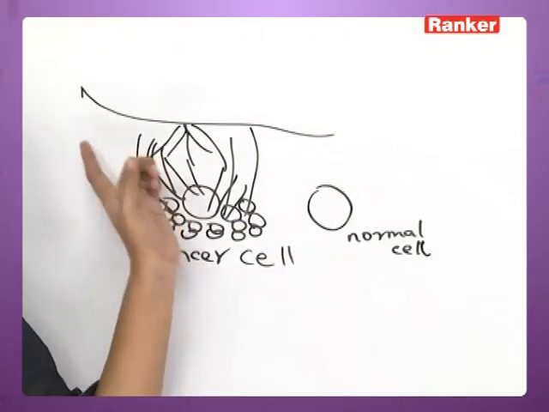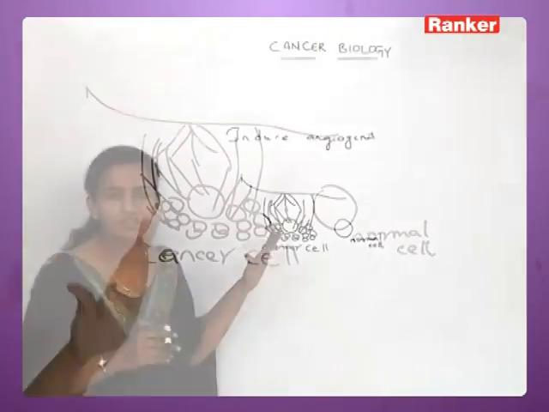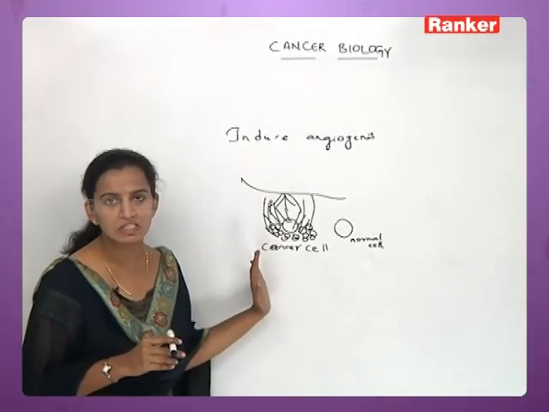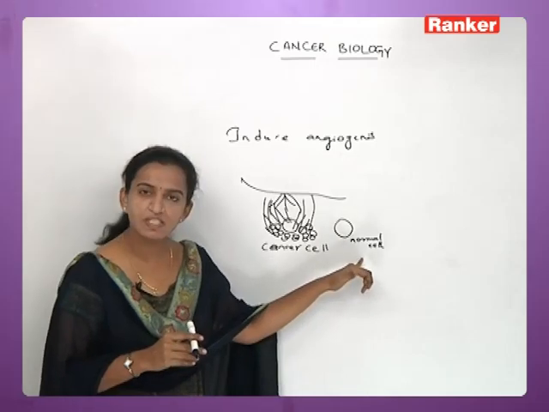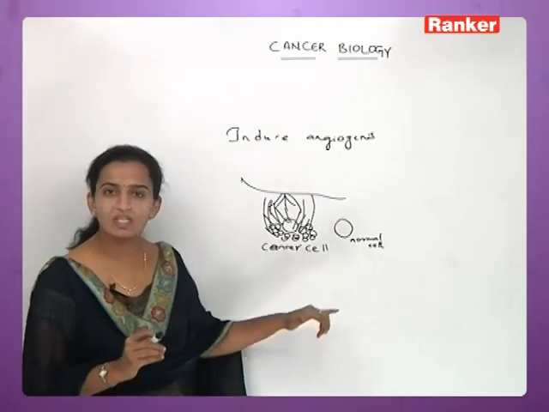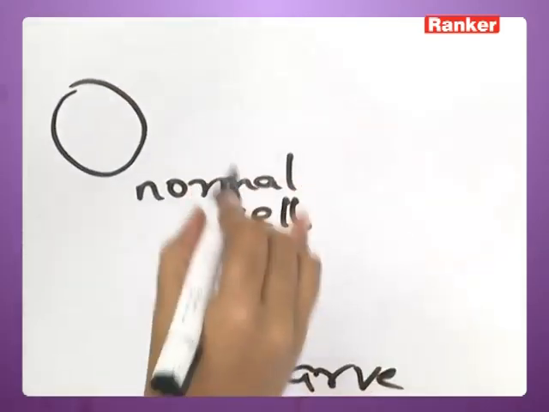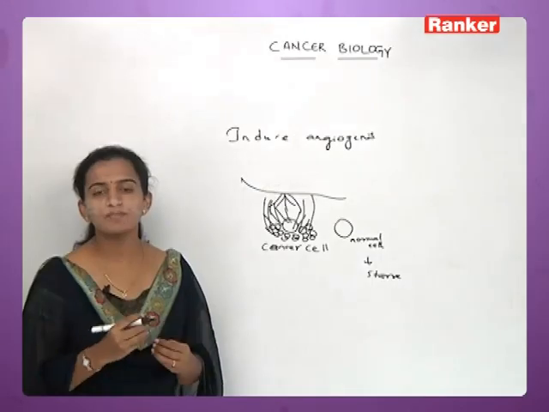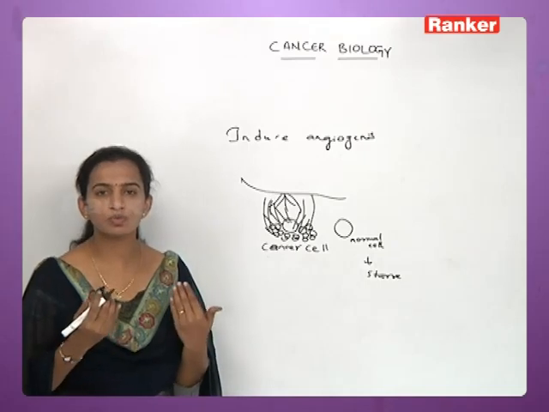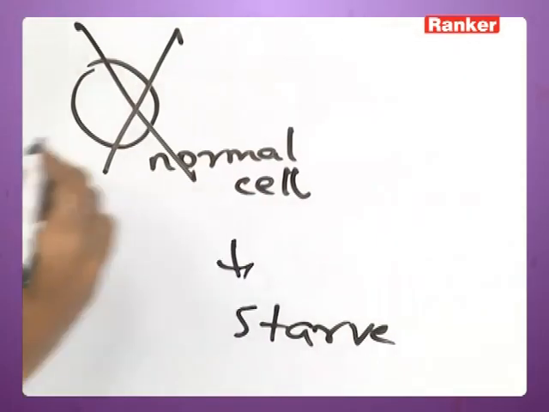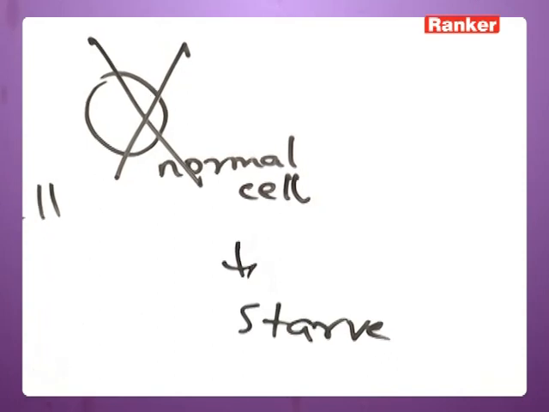Why? Because there is one vessel going out there, and the capillaries are completely entering into the cancer cell. The normal cell beside it has to starve, nothing but starve. And if it starves, one day it is going to die. This is what is actually happening there.